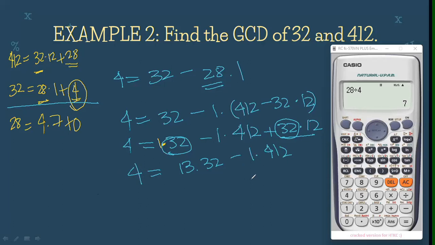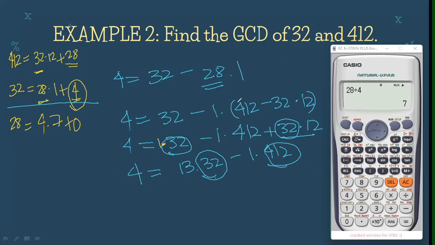So let us check. Ngayon po, makikita nyo po kung tapos na yung process kapag po yung dalawang numbers sa problem na sinosolve natin is nandito na po sa final answer natin. So we have here 32 and 412. Nandito na po silang dalawa at wala na pong ibang remainders.